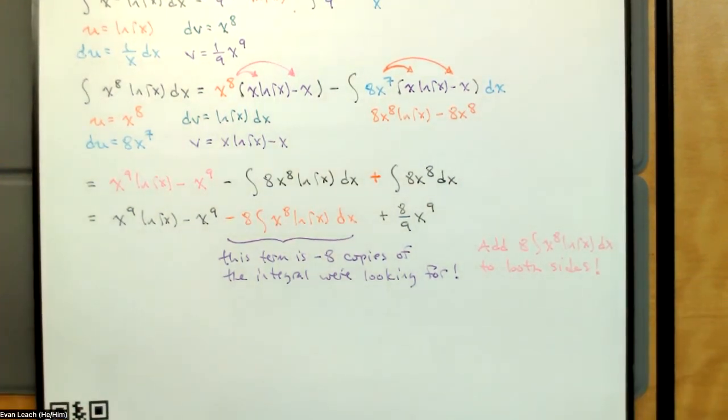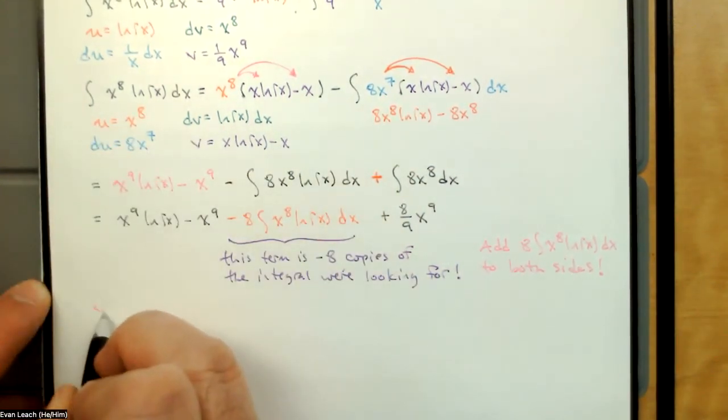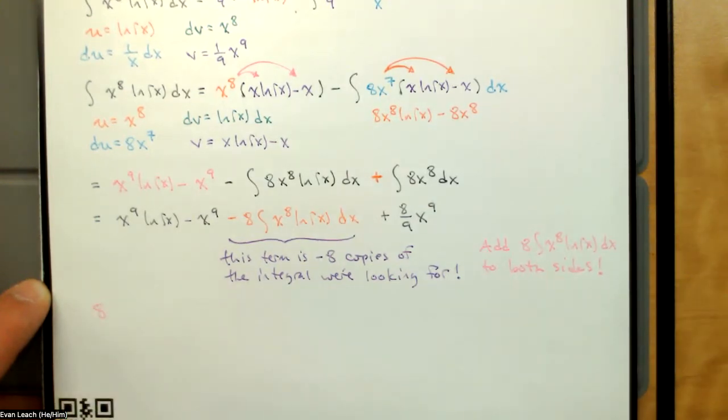I'm going to add 8 copies of this integral to both sides to cancel it out over here, and it'll show up as 8. Oops, sorry, there's one over there already.